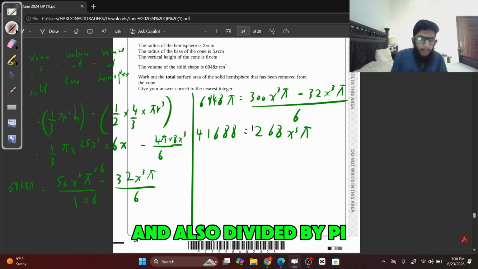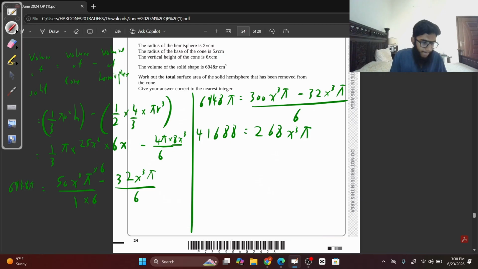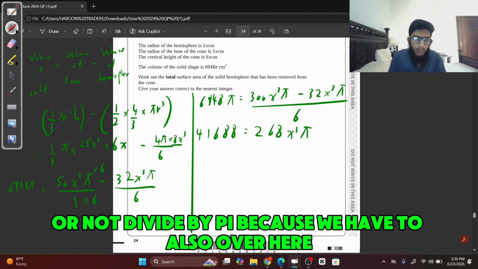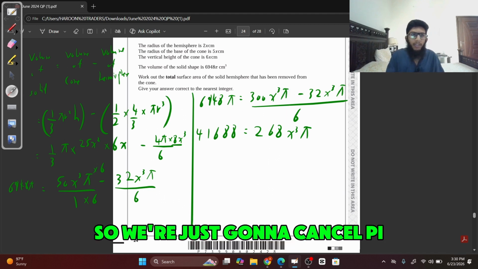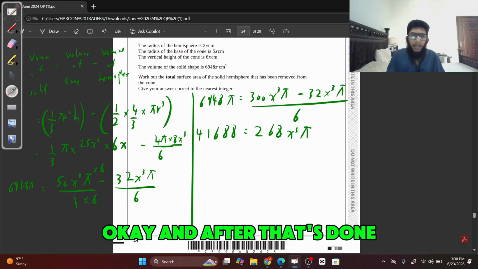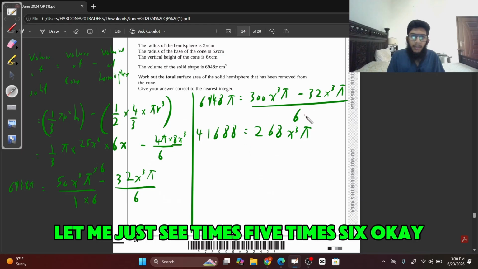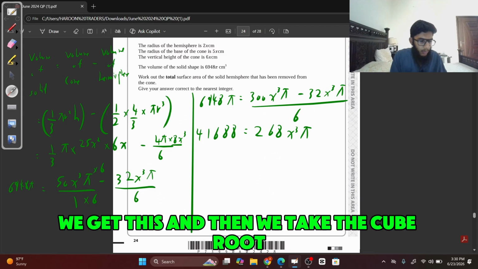We also have pi here and here, so we just cancel pi. We get this, and then we take the cube root.